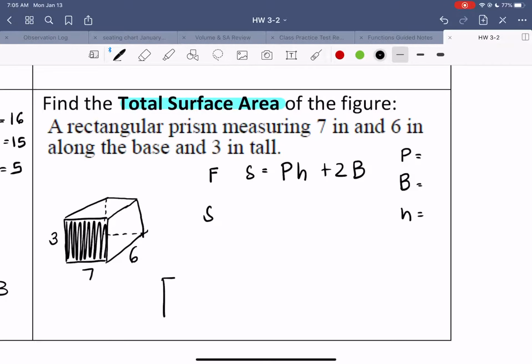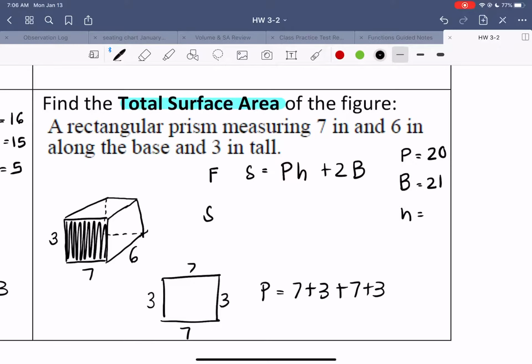so that when I redraw this, it's going to be 3, 7, 3, 7. To find that perimeter, we're going to do 7 plus 3 plus 7 plus 3. So that's going to be 20. And the area of our base, 7 times 3, is going to be 21. And the height of our prism is going to be 6.